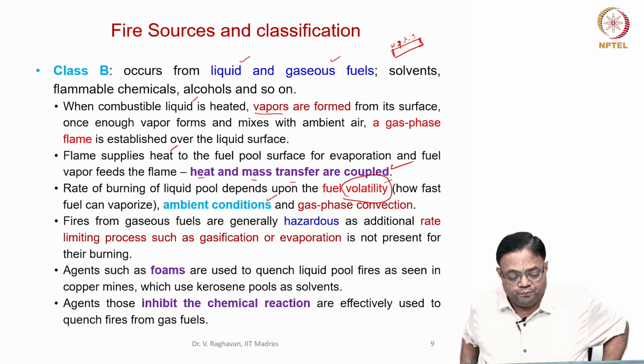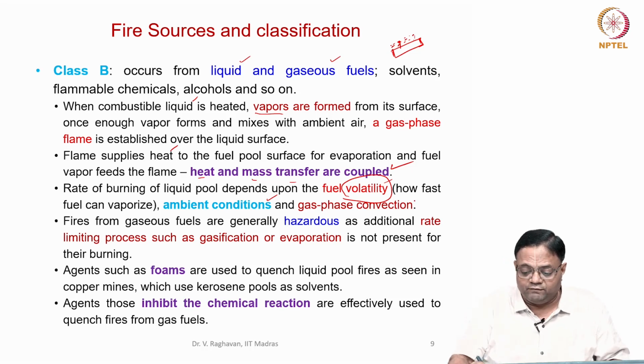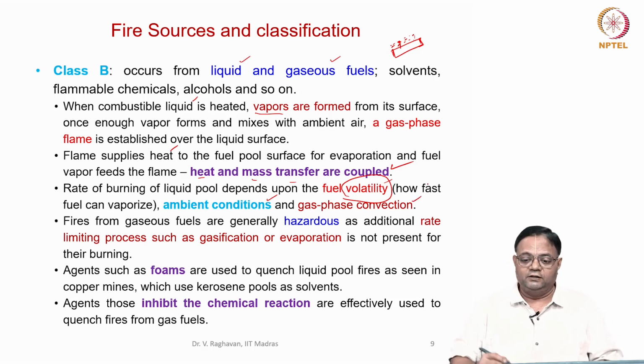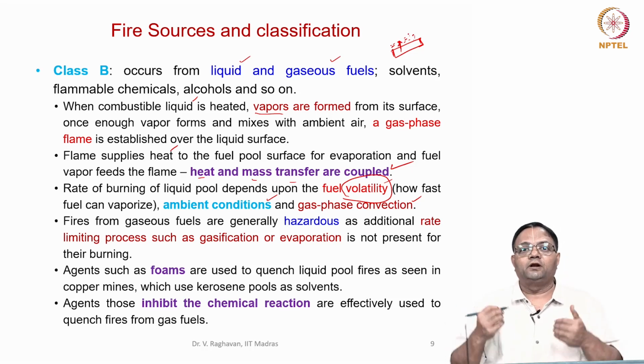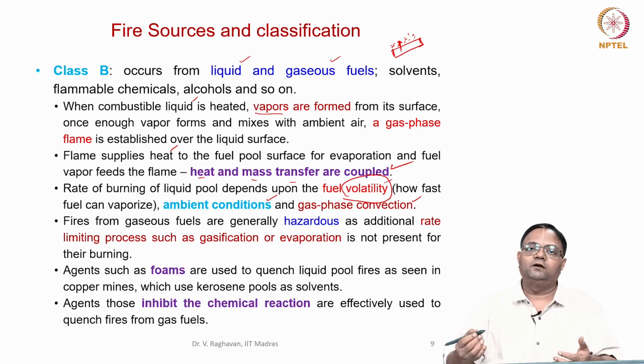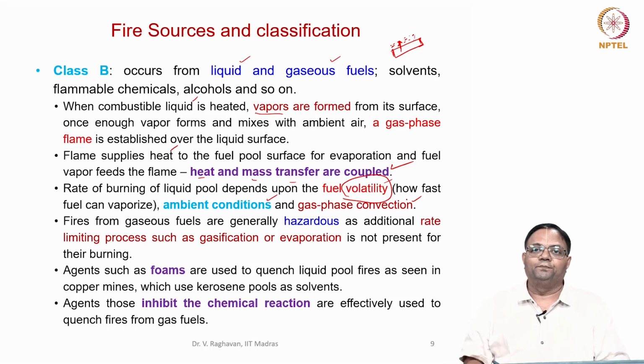Now, if the gas phase convection is strong enough, then the vapors will be removed, and more vapors can come in. That means the evaporation rate, and further the burning rate, will increase when there is gas phase convection.